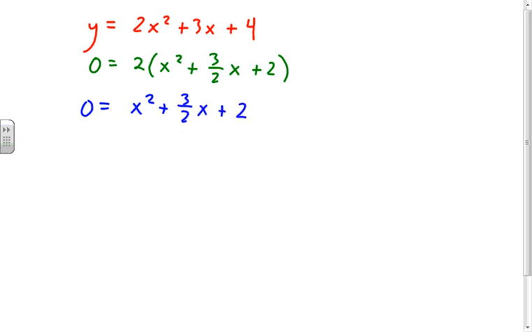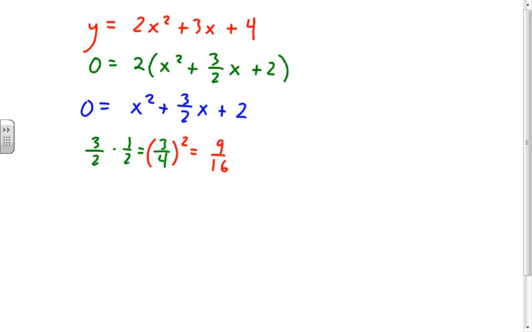We know that the last term here is going to be half of 3 halves, squared. So 3 halves times 1 half is 3/4. And to get our last term, we take that and square it, which gives us 9/16. So here we have to go from 2 to 9/16.